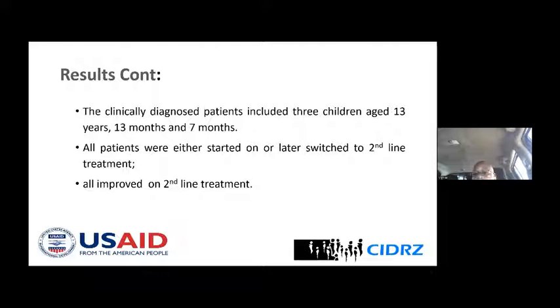And I should mention that among those who were clinically diagnosed, it included a child who was 13 years old. Then there was another one who was 13 months and also 7 months. Unfortunately, the 13-month-old baby, after just some weeks, we lost, and she's the one who was actually admitted in the ward and being managed there.